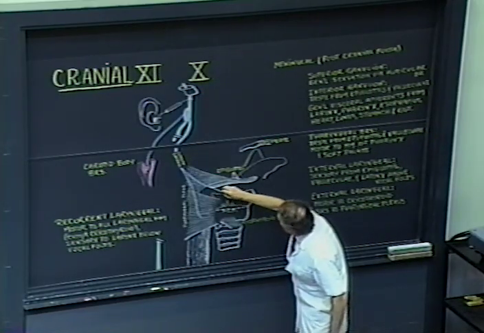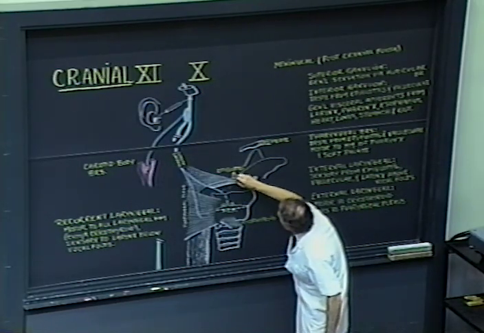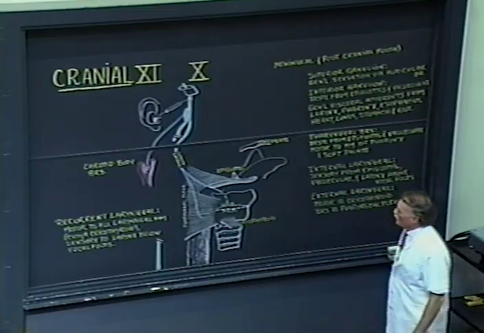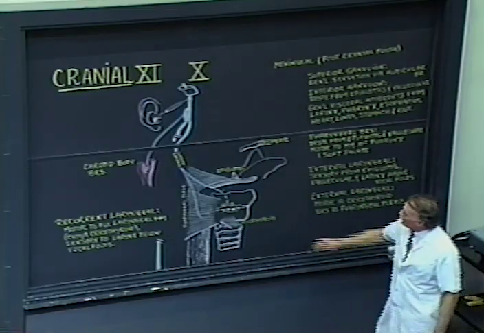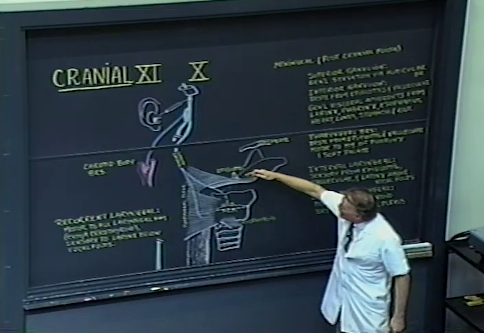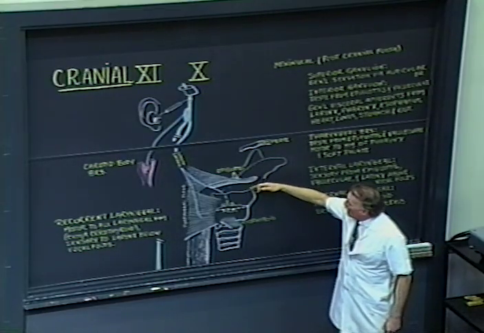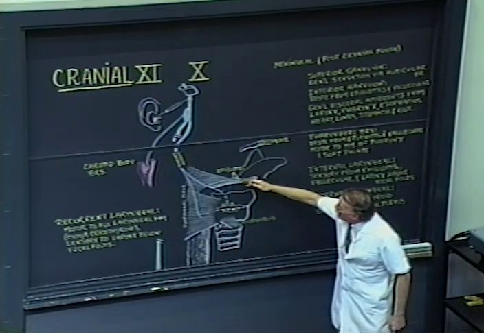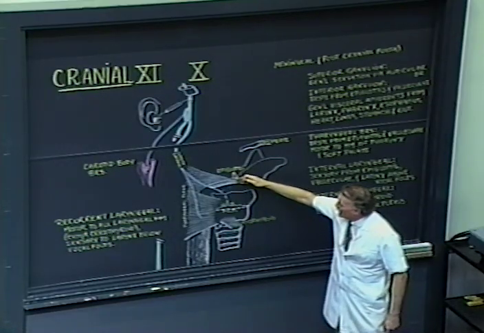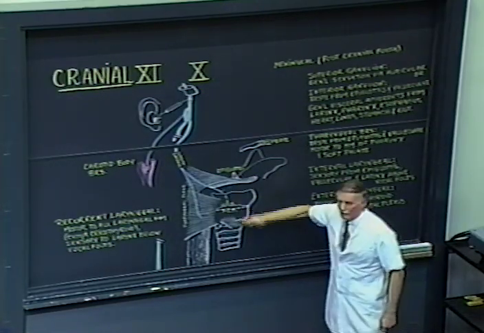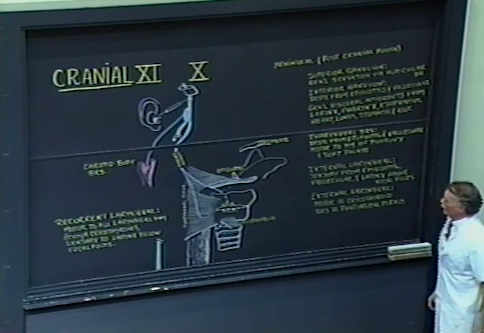And the internal laryngeal will be responsible for sensory innervation of everything behind the epiglottis and above the vocal folds.